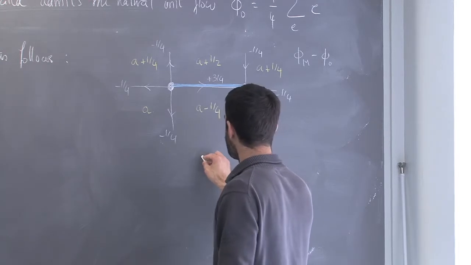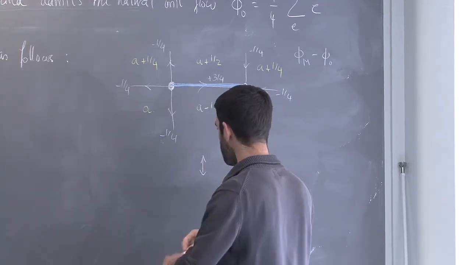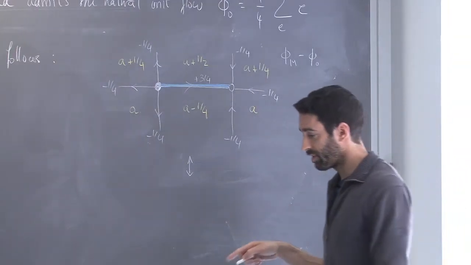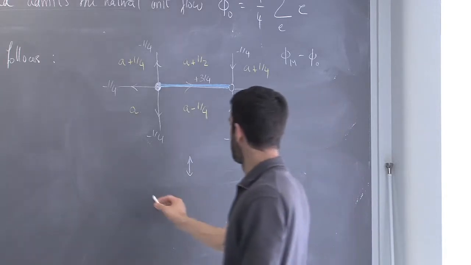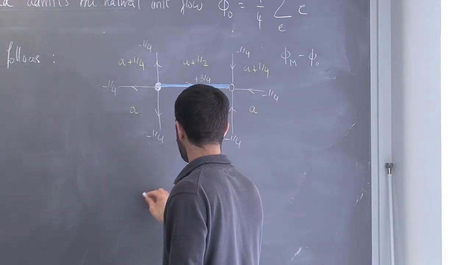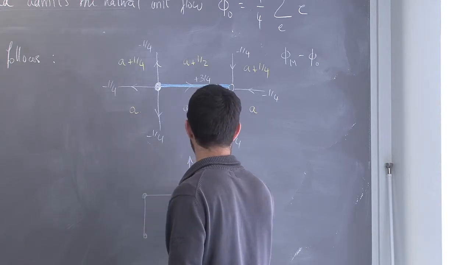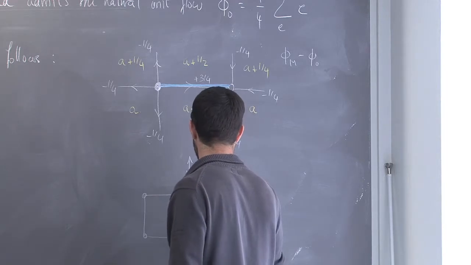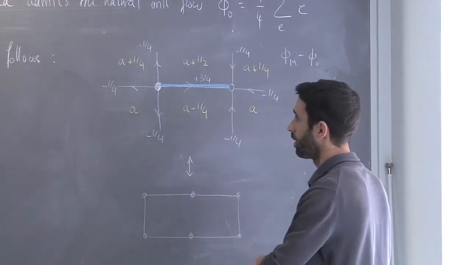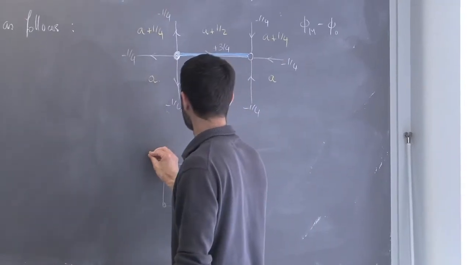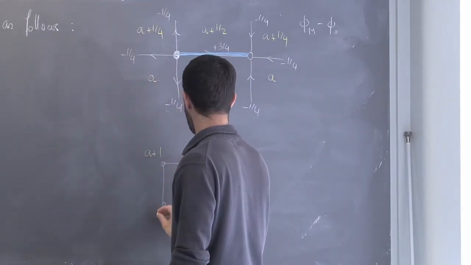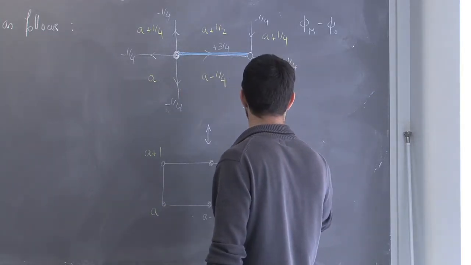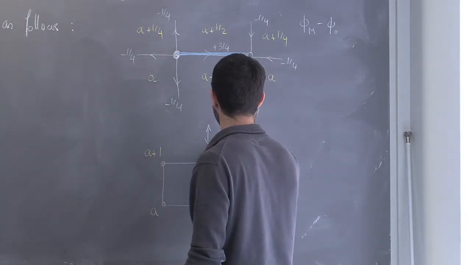So of course, you can look at this as corresponding to a real valued function on the vertices of the dual square lattice. So this would correspond to a function here. And so I would have the values, I multiply everything by 4. So I have a plus 1, a minus 1, a plus 1, a plus 2.